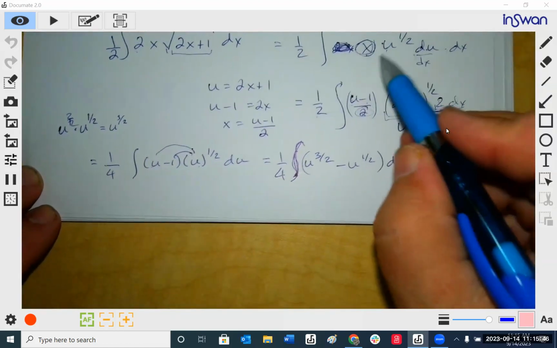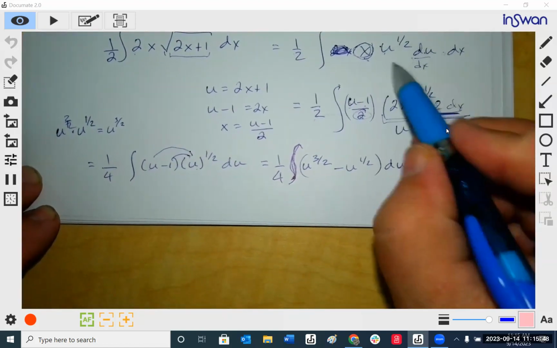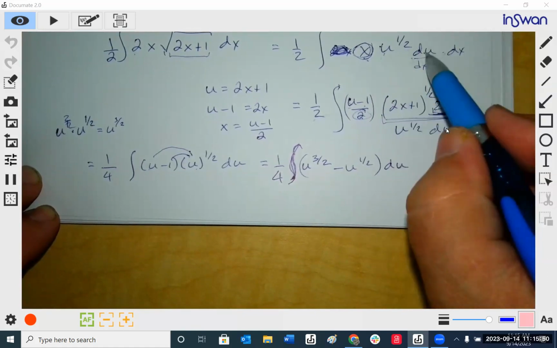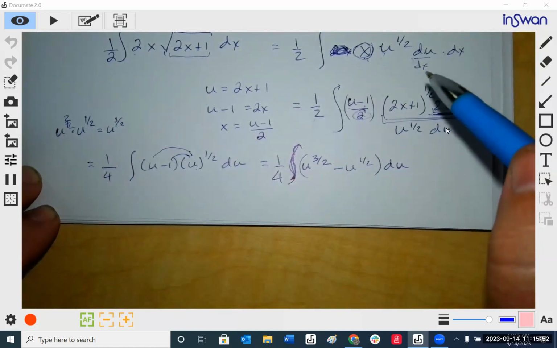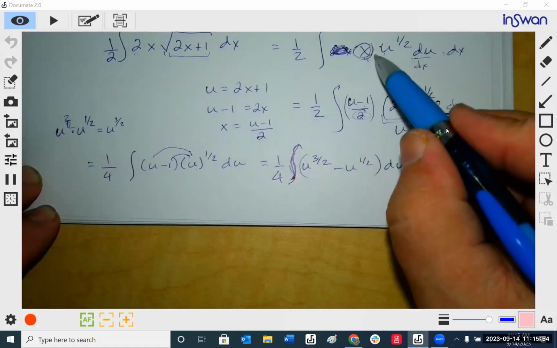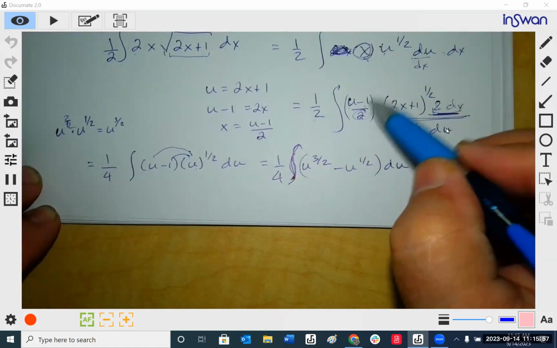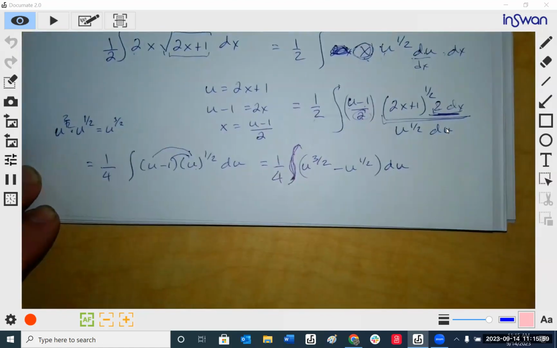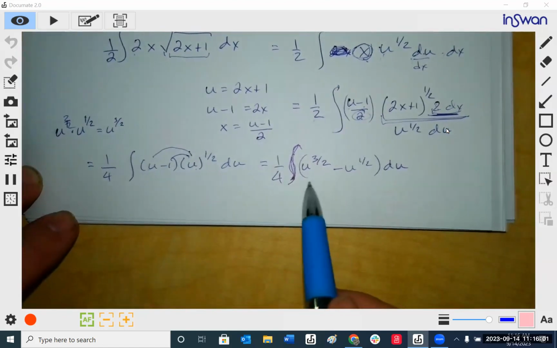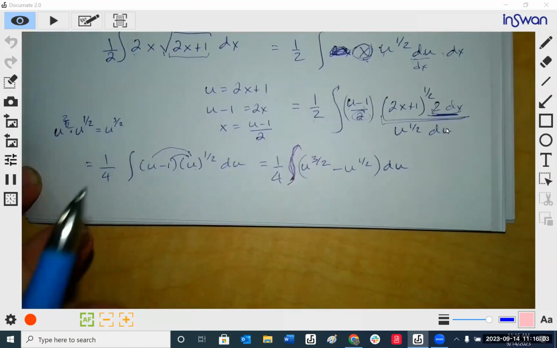Because this x was throwing us for a loop, everything else worked perfect. We have a u du, everything worked perfect. But that x, we had to put it in terms of u. We took it from what we found here with substitution. And now we have this function here.